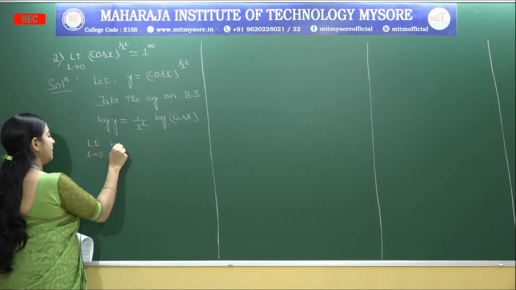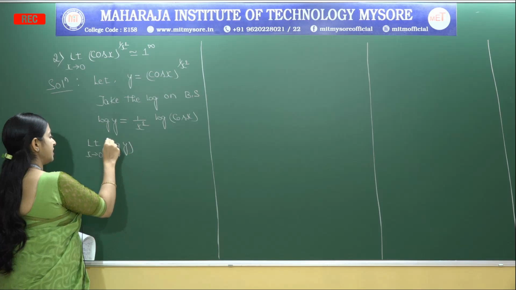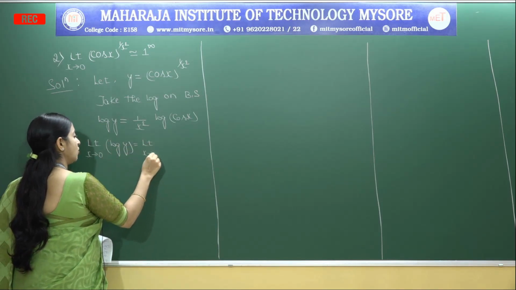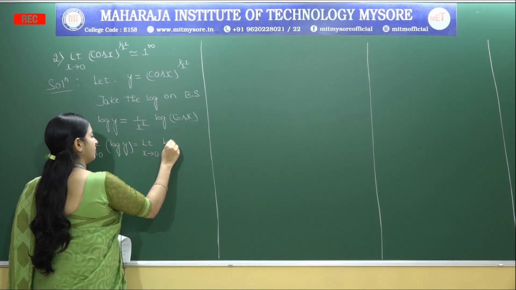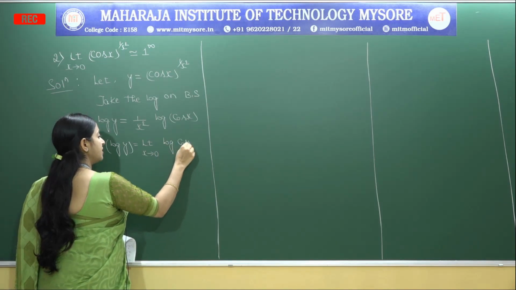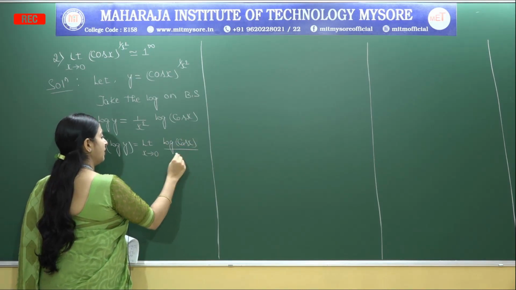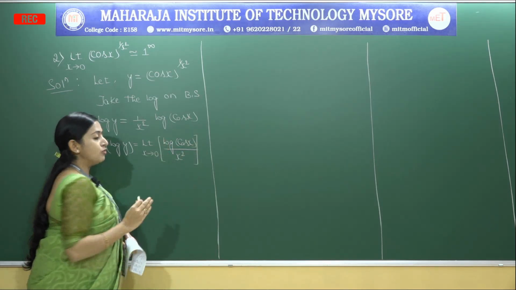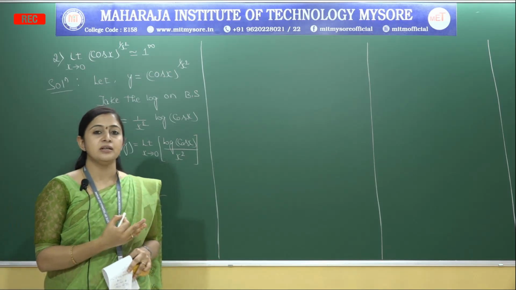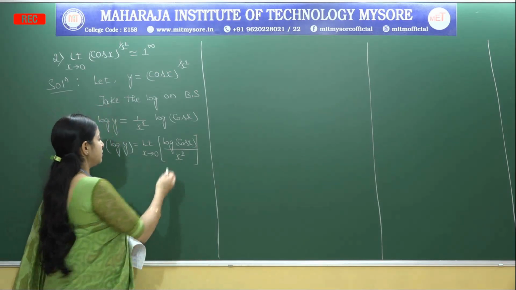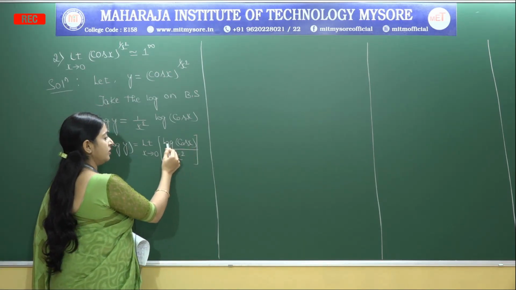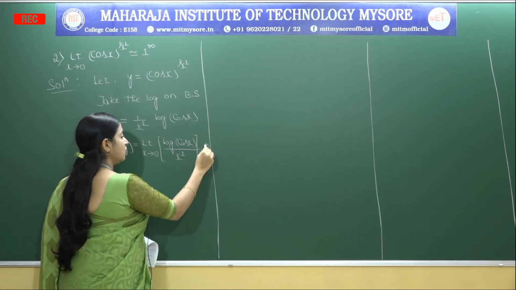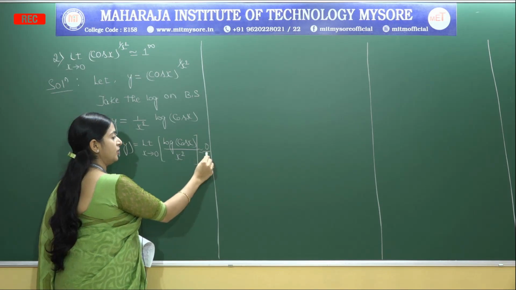The limit, you can write lim or lt, both are the same, of log cos x divided by x square. Soon after this, apply the limit as x tends to 0. So cos 0 is 1, log 1 is 0, and the denominator is x square.